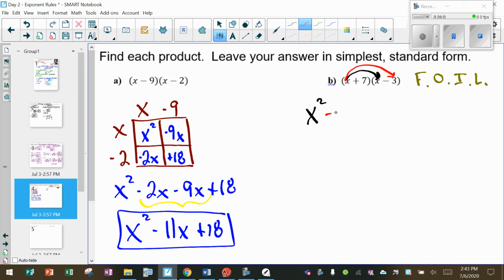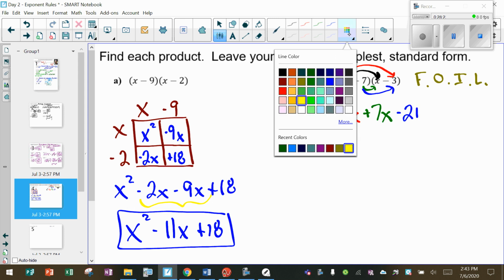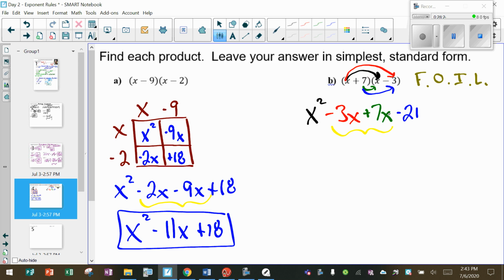X times negative 3, negative 3x. So first term in each parentheses, outside terms. Then the inner terms, the two closest to each other, one from each parentheses, 7 times x. And then the L is last: first, outer, inner, last. But just like our previous example, we can combine the two terms in the middle. They are like terms.